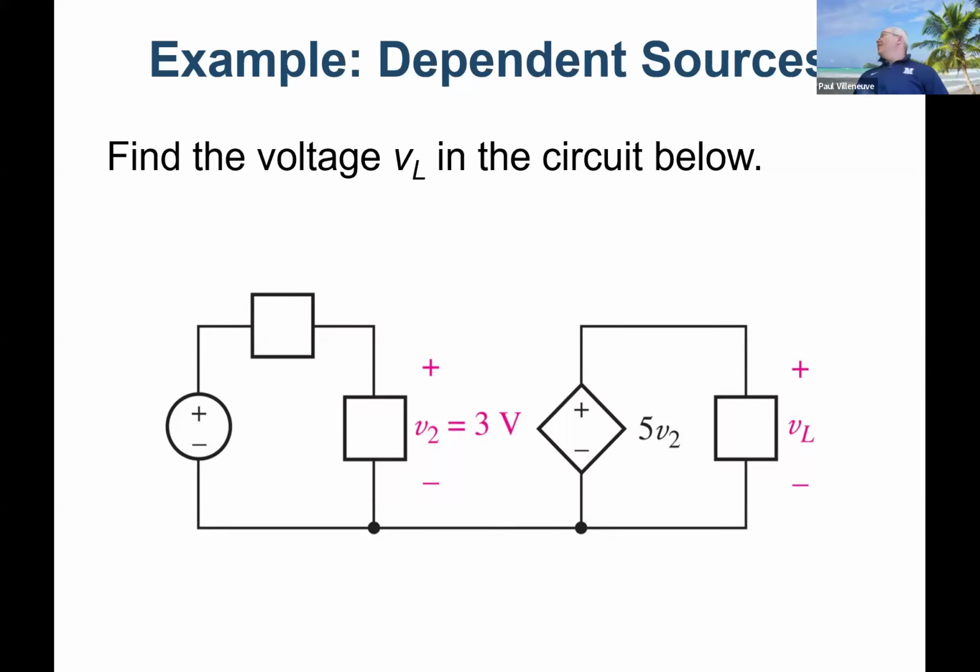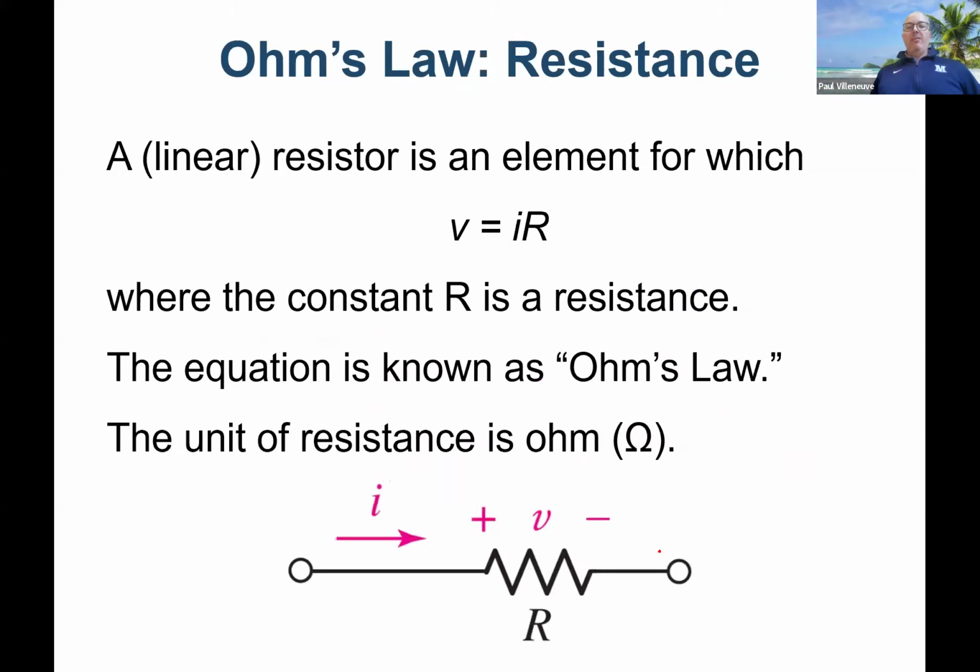And we happen to see that V2 is equal to 3 volts. So 5 times V2 is 15. And since VL is looking across a common node, we can see that VL is just 15, 3 times 5. It's the same thing as the dependent source. Easy one, so we won't spend too much time doing that.